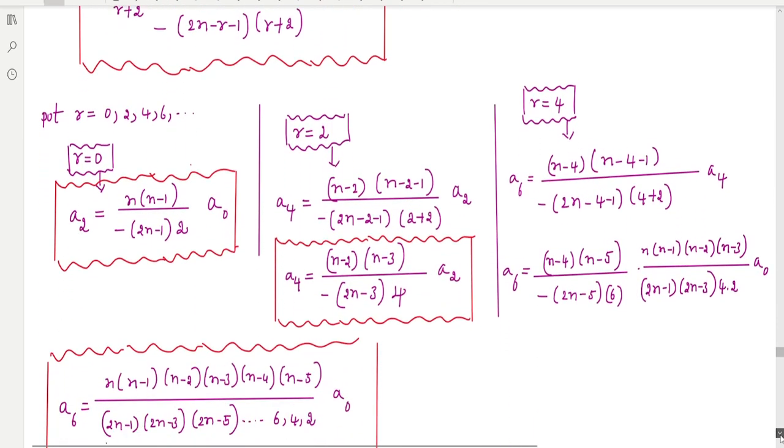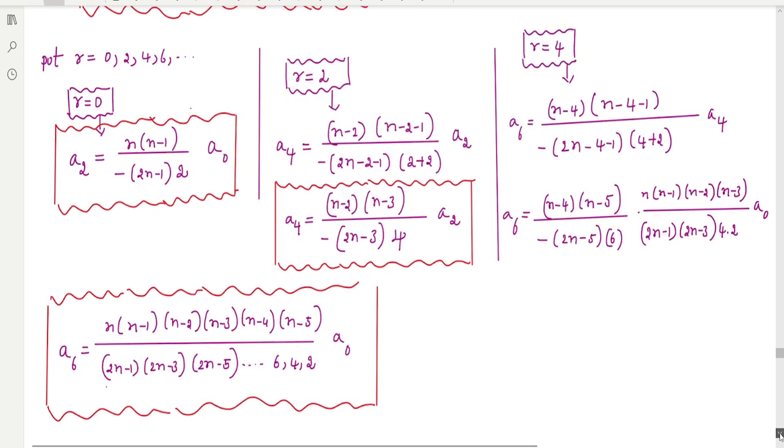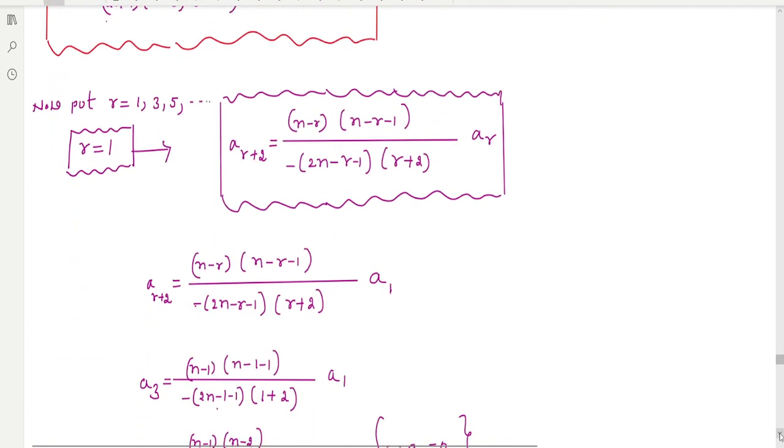see here what I got. So if I substitute r is equal to 0 in this equation, then I got the a2 value, a4 value, a6 value. Then put r equal to 3, sorry, r is equal to 1, 3, 5 values in our final equation.